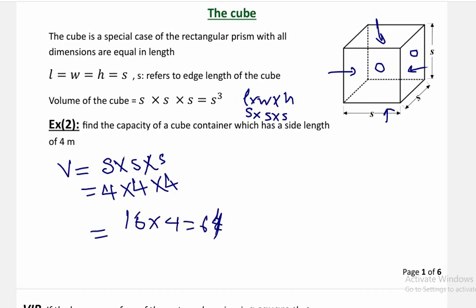What if you can't calculate this? Simply break this 4 into 2 times 2. 4 times 2 is 8, 4 times 2 is 8. Then 8 times 8 is 64 meter cube. Take your notes, pause the video, play again. Let's move on.